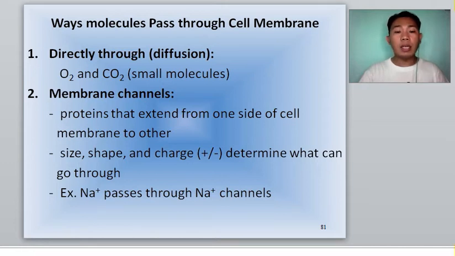Membrane channels are proteins that extend from one side of the cell membrane to the other. The size, the shape, and the charge always determine what can go through the membrane channels. For example, sodium passes through the sodium channels.